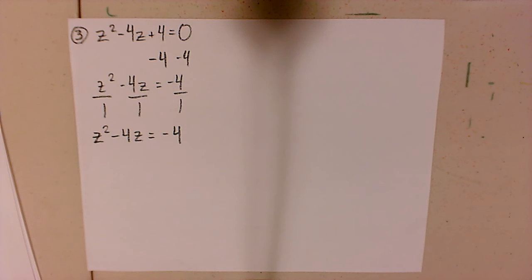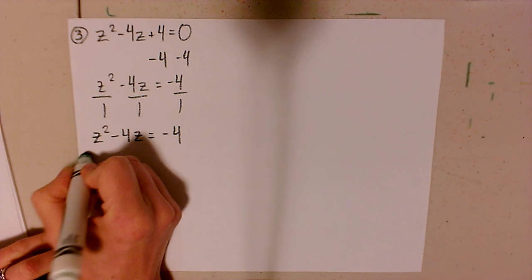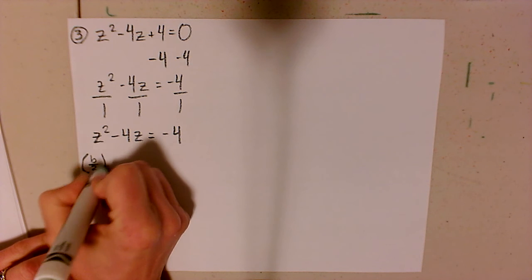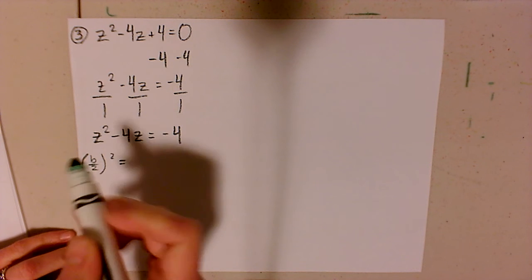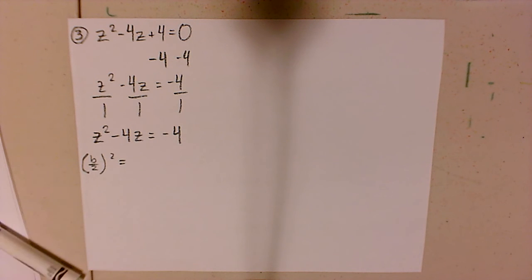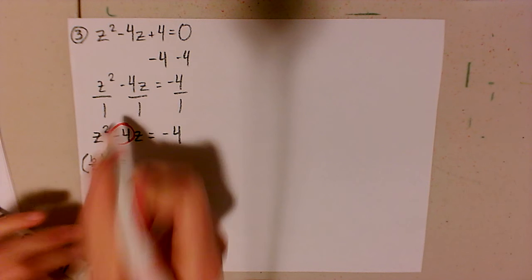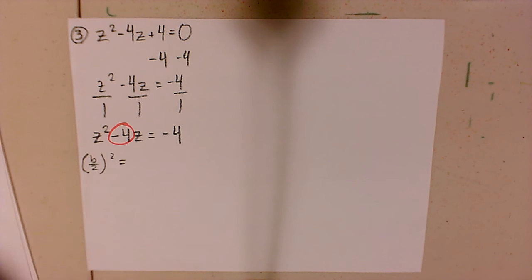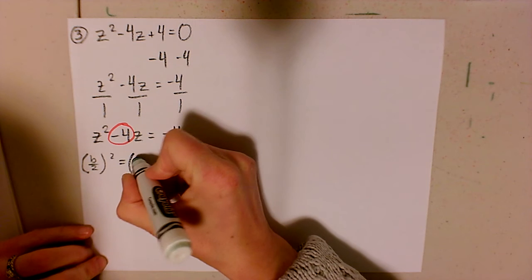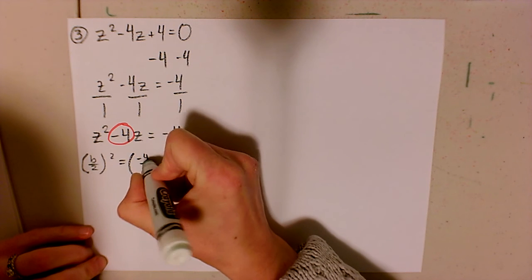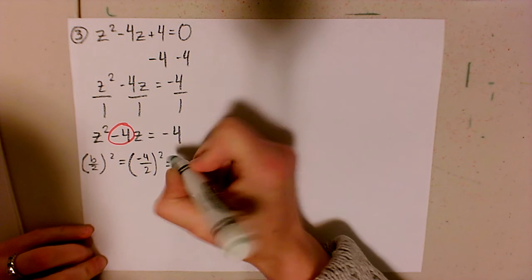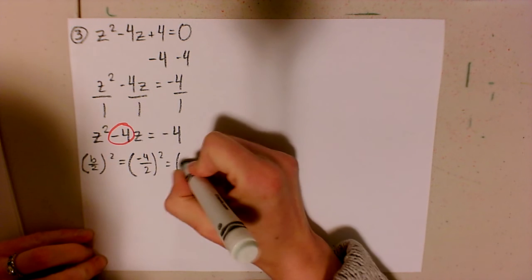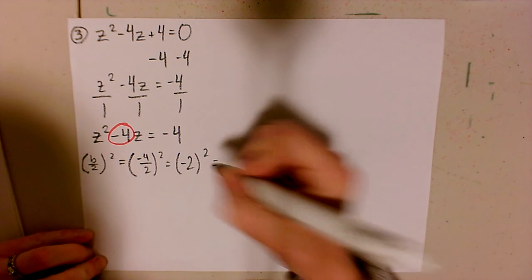Okay? And now we're going to figure out our b over 2 squared. And so my b term, in this case, is going to be negative 4. So I'll do negative 4 divided by 2, the whole thing squared. Well, negative 4 divided by 2 gives me a negative 2.